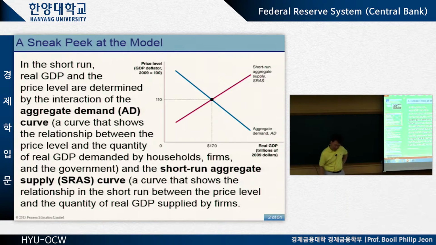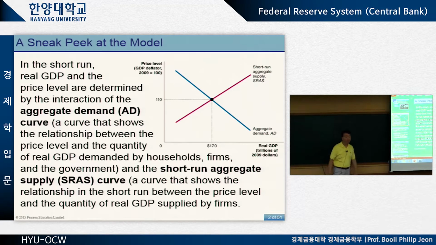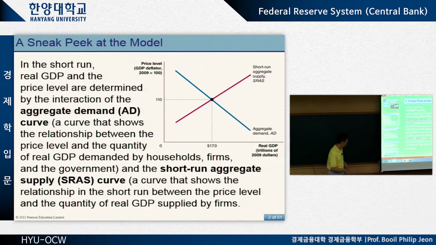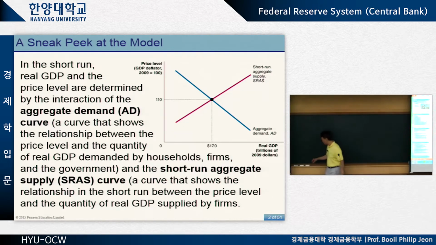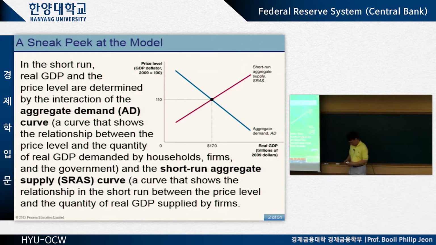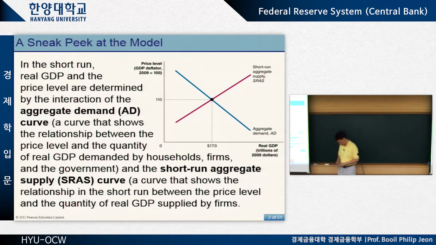Okay, so aggregate demand is just the same thing as total demand, right? So instead of talking about the demand for any single particular item, we are talking about the overall demand for everything produced in an economy.